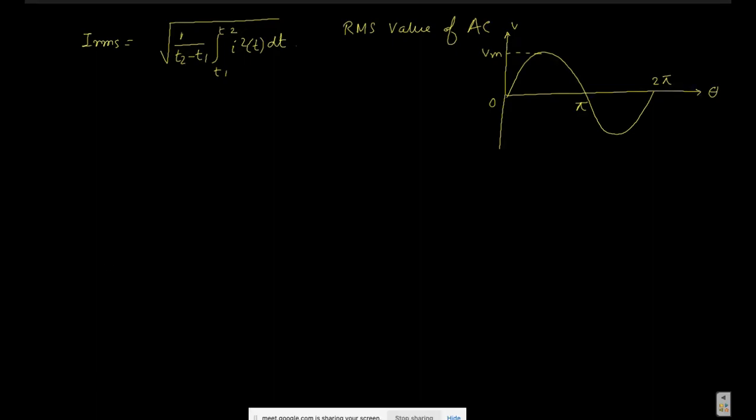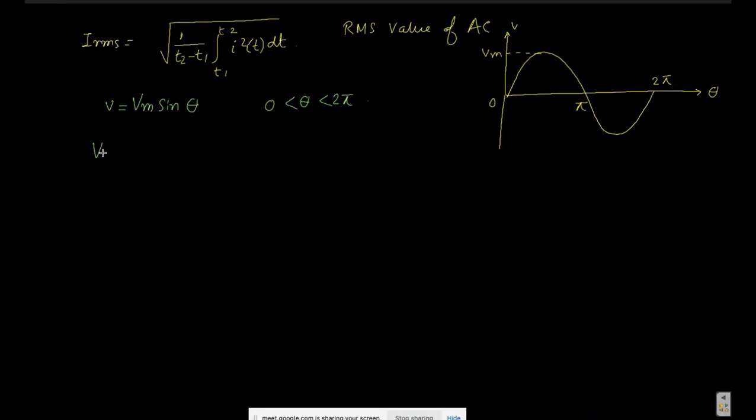If V is alternating in nature, then V is equal to Vm sin theta, where theta is between 0 and 2 pi. So V is equal to Vm sin omega t.